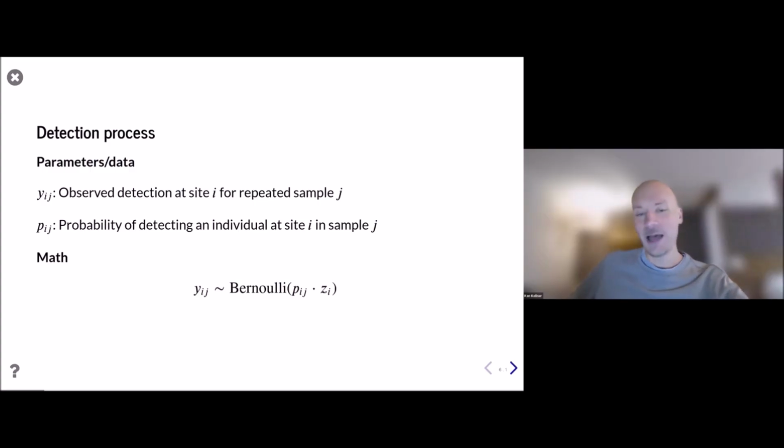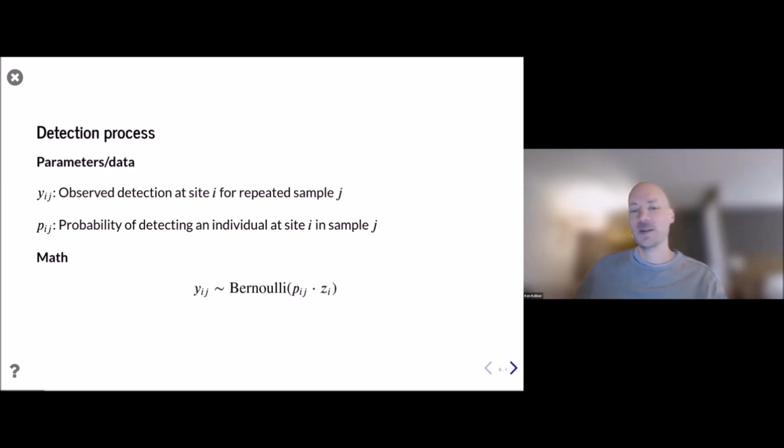And then the simple math is that detection, non-detection data is modeled as a Bernoulli again, where the parameter is a product of the detection probability and the true latent state. So if the site is occupied, in truth, z sub I will be 1, and that simplifies down to y is distributed as Bernoulli with a parameter p.